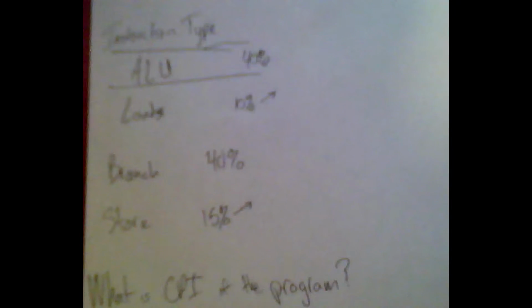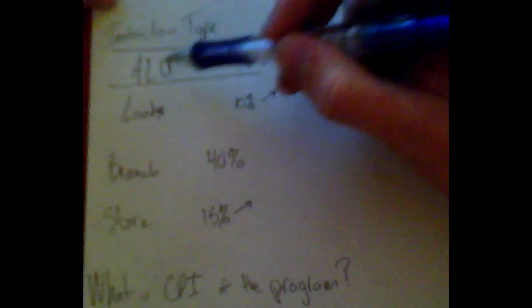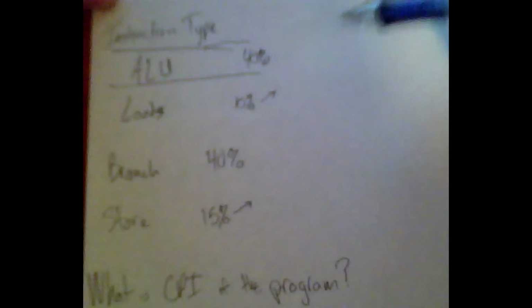So our main goal is to separate out each one of these sections right here into their respective requirements, whatever their CPI is and the stuff that goes with that.